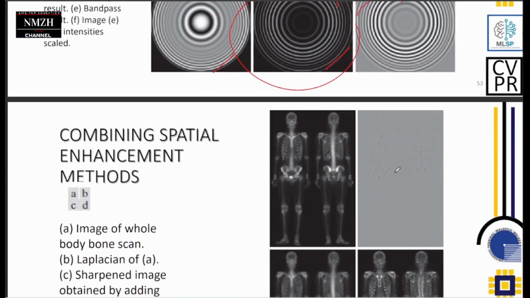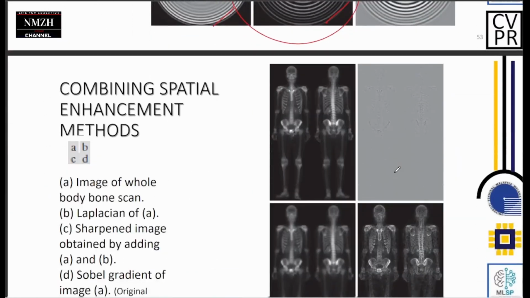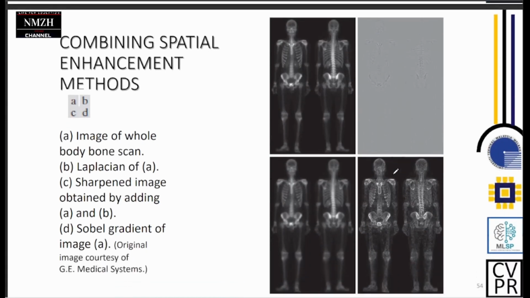All right. So if we try to combine the spatial enhancement methods, let's say this one is the body bone scan. By using the Laplacian, we have this. That would be totally difficult to recognize, but we only have this kind of reflected pixel for the bone, okay?